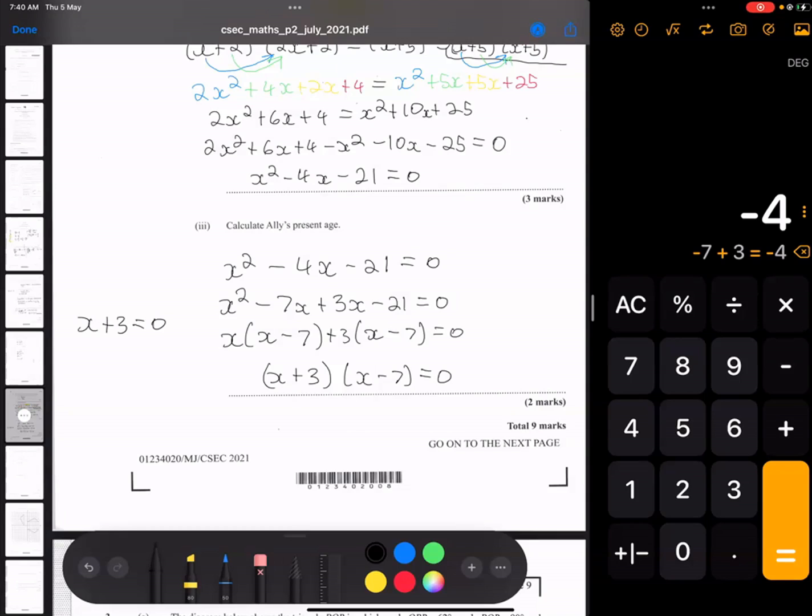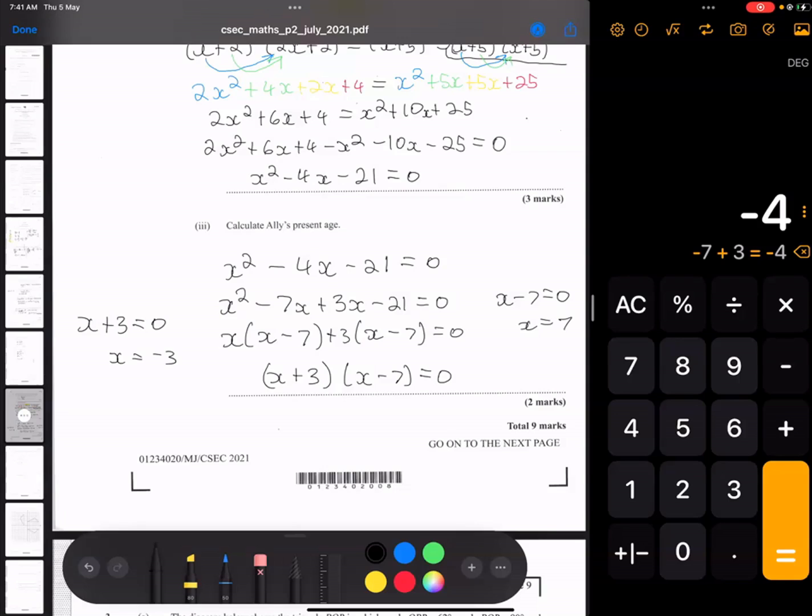And then we're going to solve for x. Alright, so if we make x the subject, we'll carry over the 3, which will change it to a negative 3. So x is equal to negative 3. And then on this side, carrying over the negative 7 over the equal sign, we change it to a positive 7. So x equals 7.